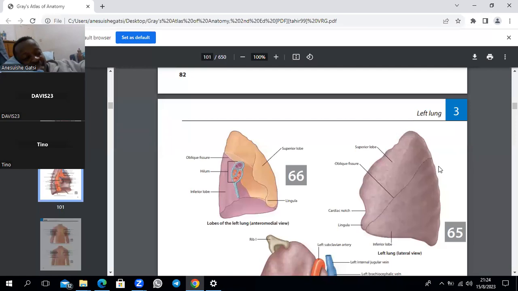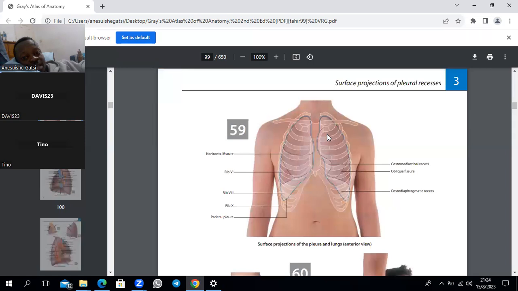Anterior border, I usually say it's from a joint to a joint. It starts opposite the sternoclavicular joint, then it ends opposite your xiphisternal joint here.